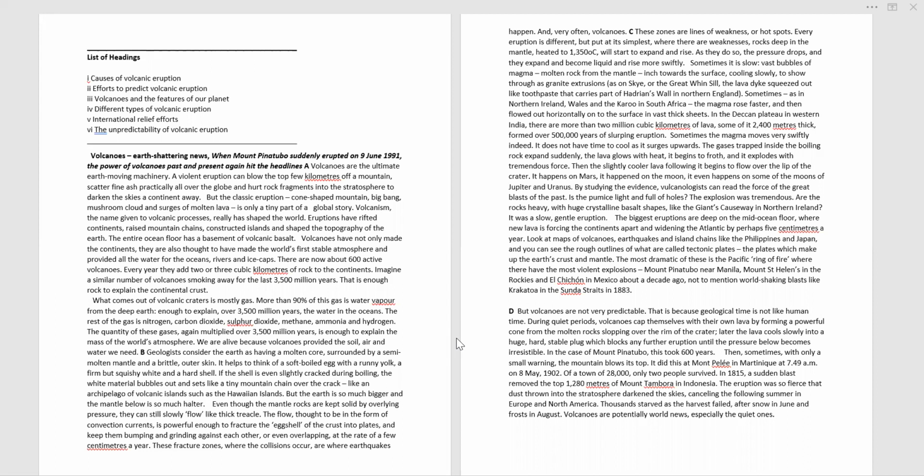C is 4, different types of volcanic eruption. Yeah, that's right. So the answer comes out to be third, first, fourth, and sixth. Yes, ma'am, these are the answers.